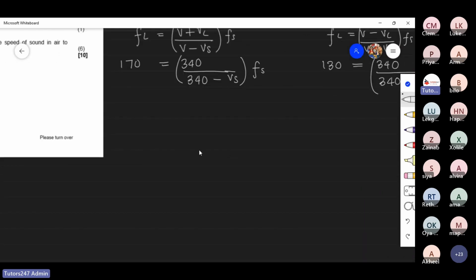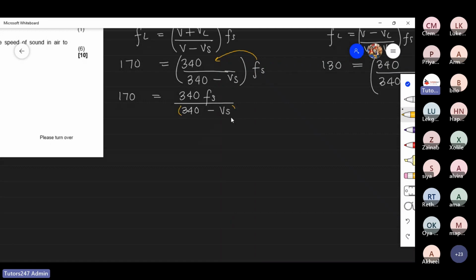So I'm going to start off with the towards equation. So this is 170 equals, and I'm going to multiply my Fs with my 340. That is going to give me 340 Fs. From there, it'll be over 340 minus Vs. So from here, what I'm now going to do is I'm going to cross multiply.